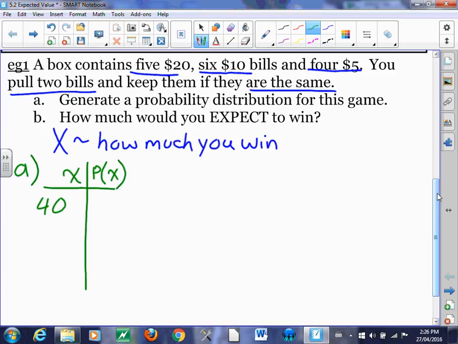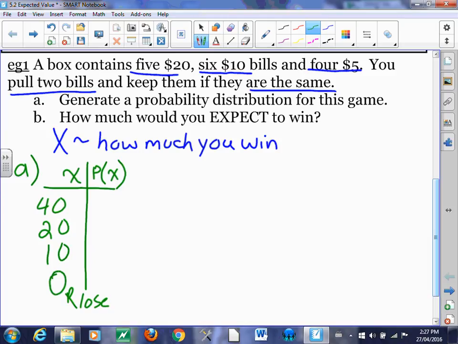The next is if you get 2 10s, which is $20. The next is if you get 2 5s, that's $10. But don't forget, folks, the other option is if you don't have the same bills, which means you win nothing. Which means you really lose. If you lose the game, you get no money.